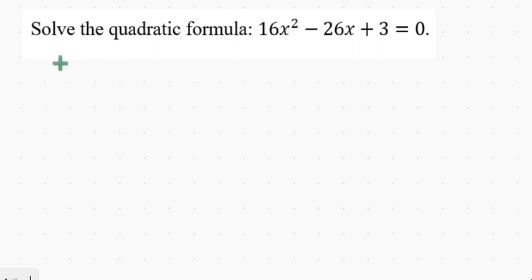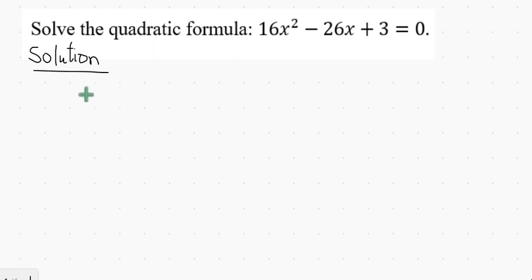So the simple thing we need to do first of all is to recall the quadratic formula.